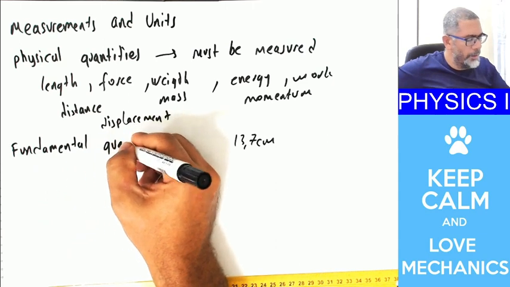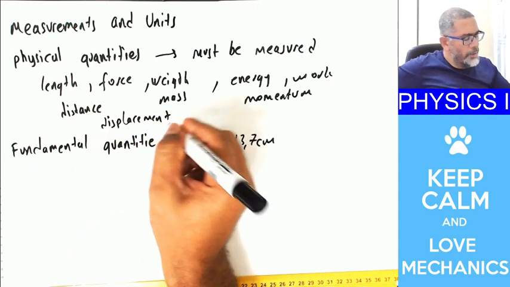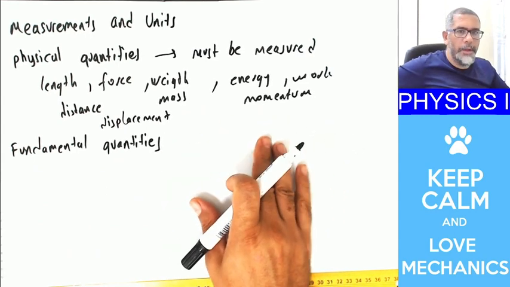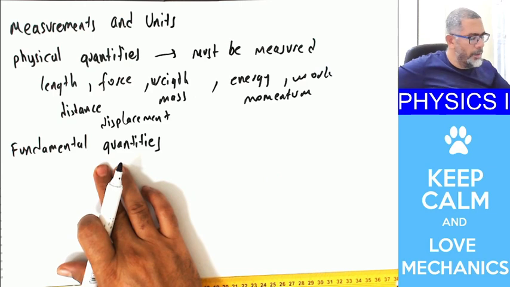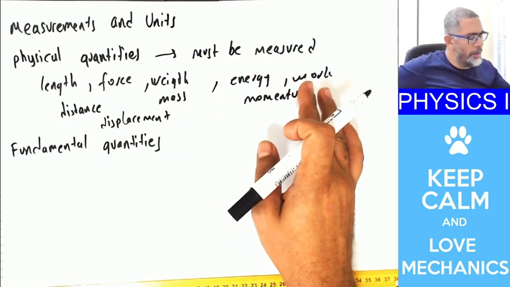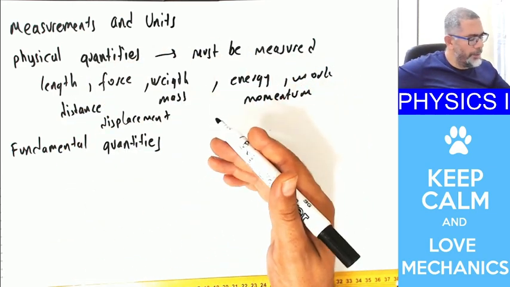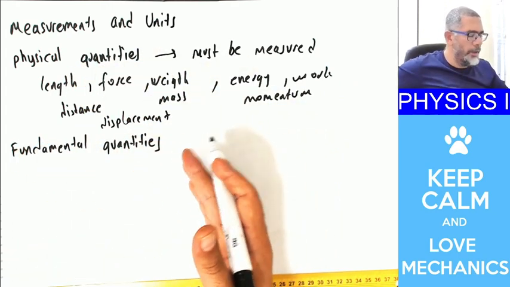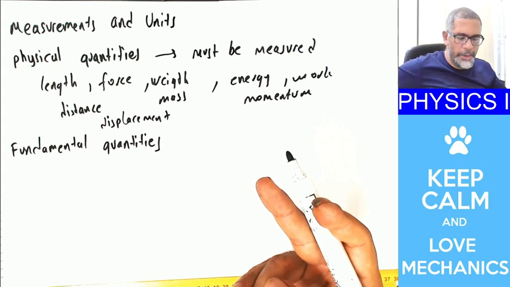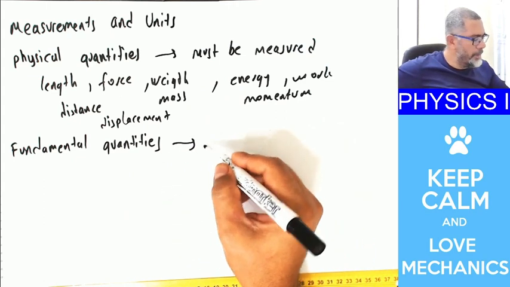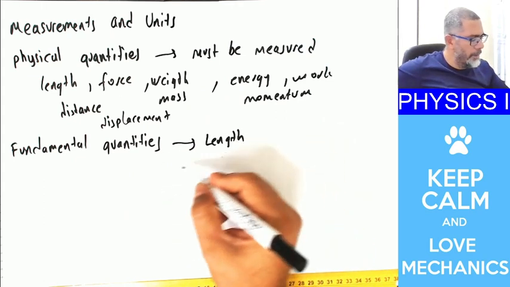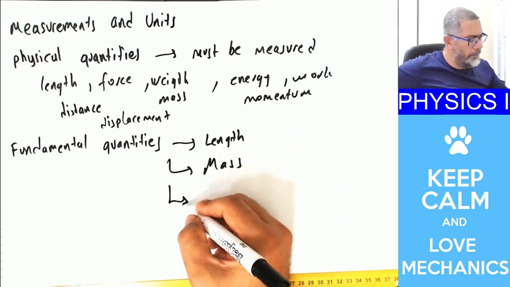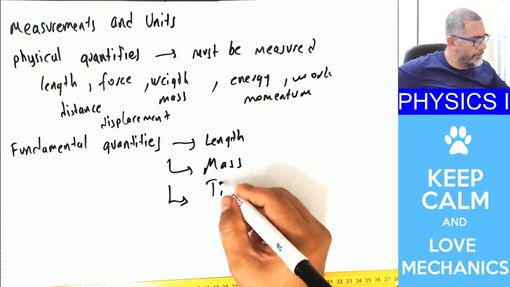What I mean is, if you get these fundamental quantities, every other physical quantity can be expressed by some combination of them. There are 3 fundamental quantities in mechanics, and the first one is length. The second one is mass, and the third one is time.